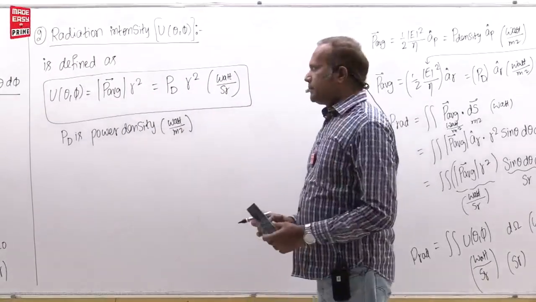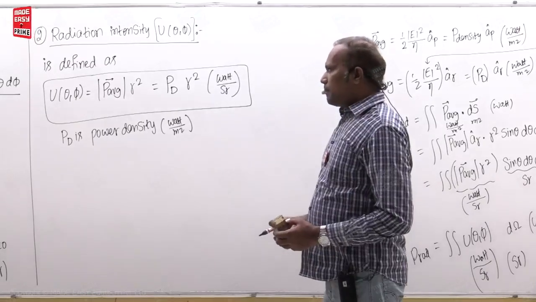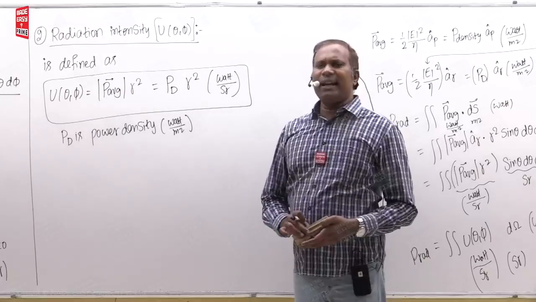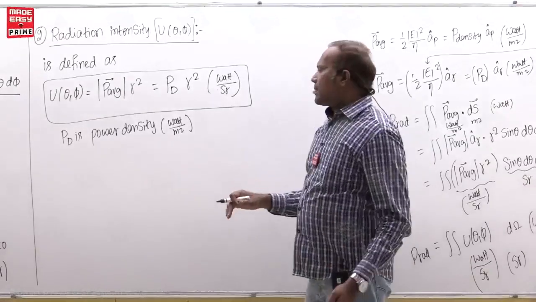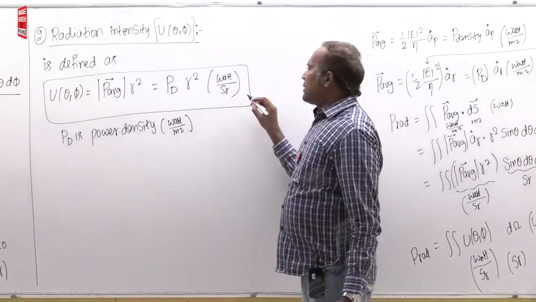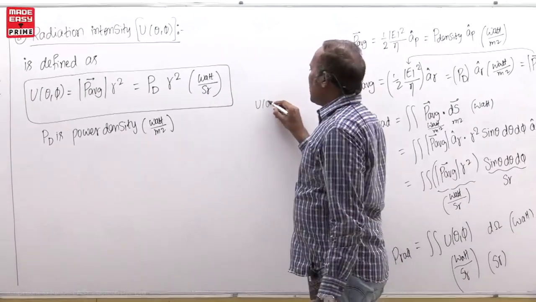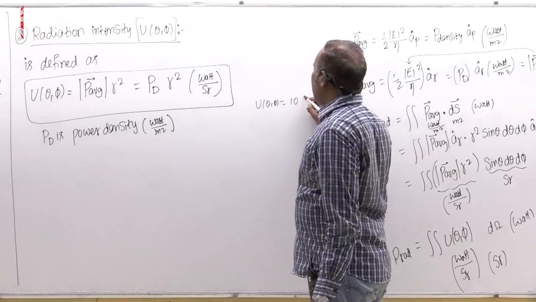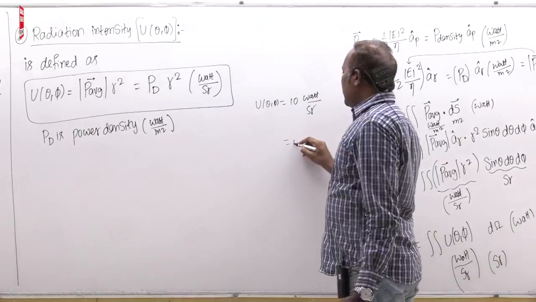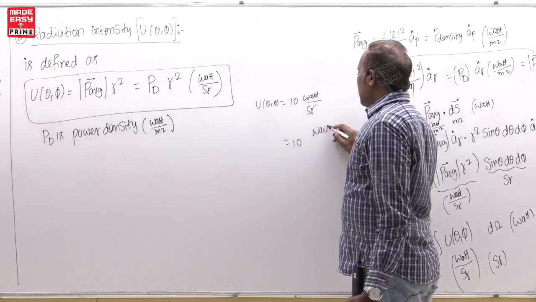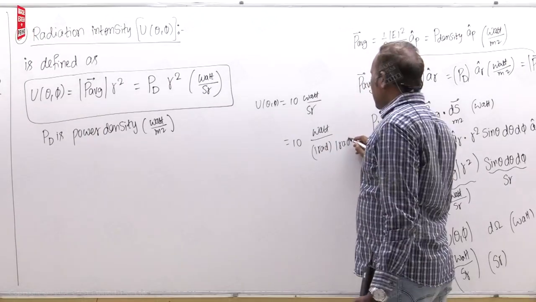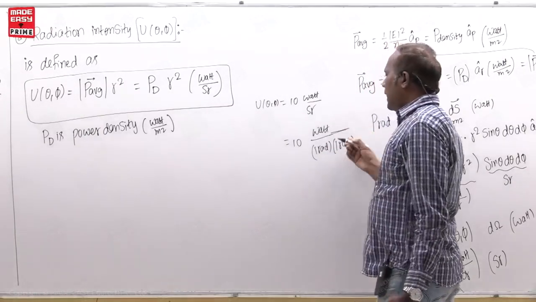The first formula is over. Second one: you may ask the question, what is the significance of this? The answer is in the units of this. For example, U(theta, phi) equal to 10 watt per steradian means, take 1 radian multiplied with 1 radian, then the steradian is 1 radian square.